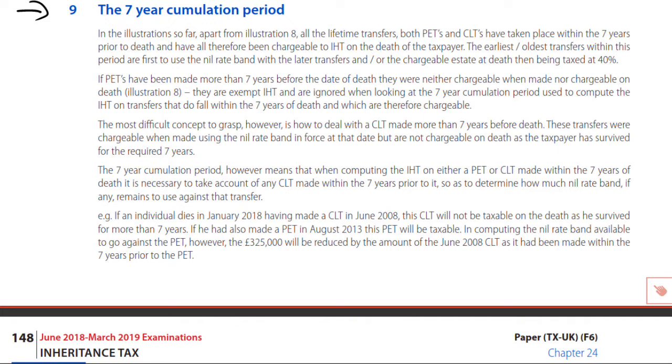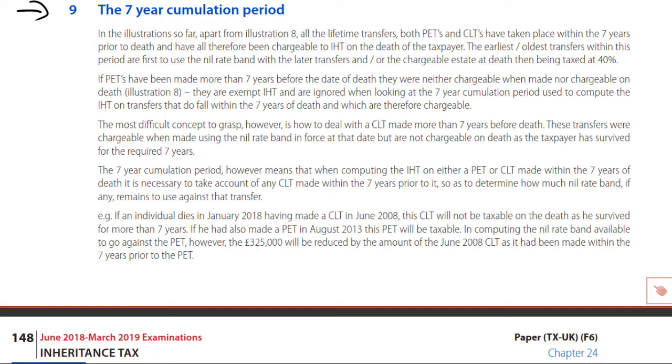In knowing how to tax the current CLT, we need to know whether any or all of the available nil rate band of this tax year is still available, or has it been used up in full or in part on transfers made within the previous 7 years. We work on a 7-year rolling cycle as regards the availability of a nil rate band.